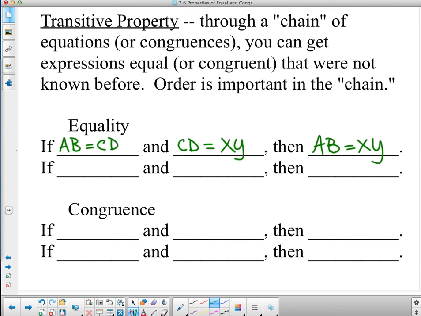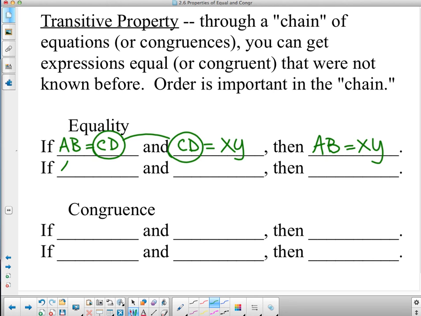So this is like that law of syllogism yesterday where it has the connecting idea. Up here we had the Q statement that repeated to connect it. That's the same type of thing here. What's on the right-hand side has to repeat as the left-hand side to be the link together. And when you're creating what goes in the conclusion part, you don't use that repeated segment length.